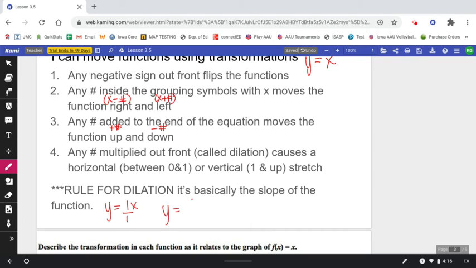But if I change it into y equals 1/3 x, now instead of going up 1 over 1, I'm going up 1 over 3. So it's doing a horizontal stretch. If I change it into y equals 4x, like 4 over 1, now I'm going up 4 over 1. So that one is a vertical stretch. It's going to make our line more vertical.